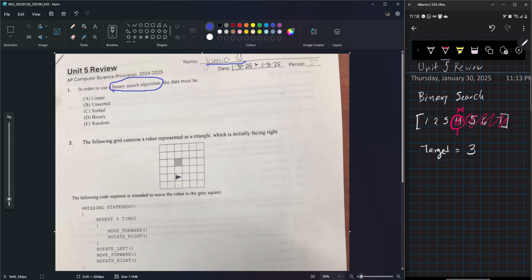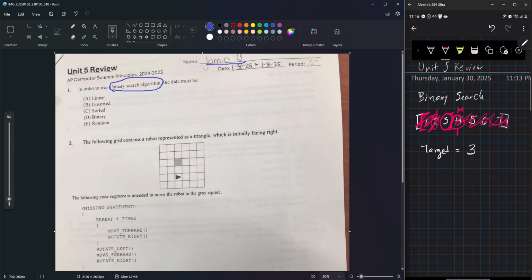And then your new list is this right here. And then you check the middle here, it's 2. So then you check, is 2 less than or greater than 3? It's less than, so then you would delete this part, and you're left with 3. So it's the search where you have to delete half of the list at every step.